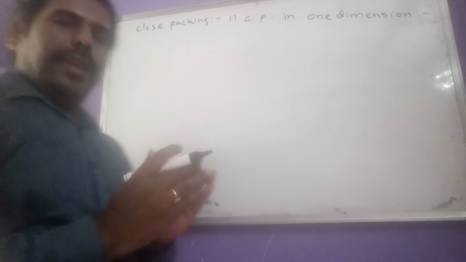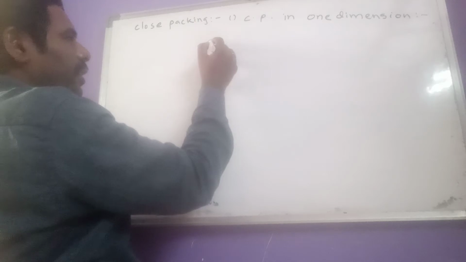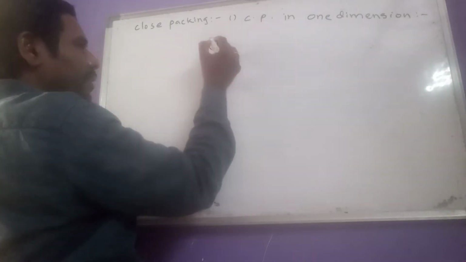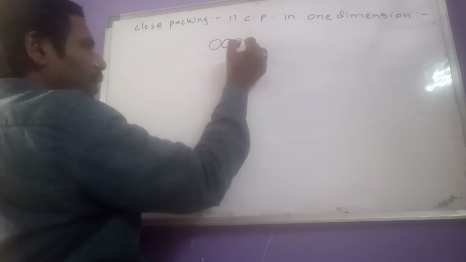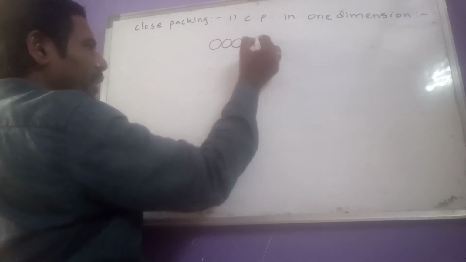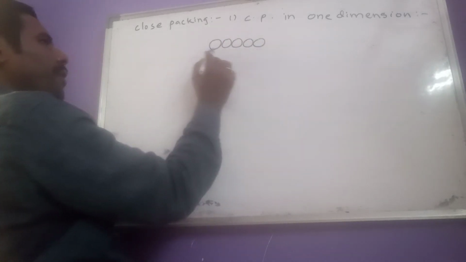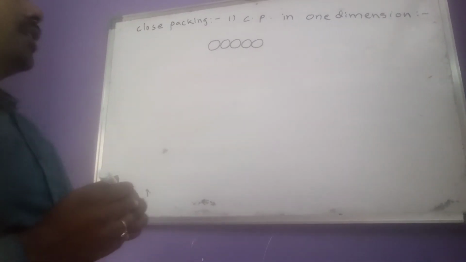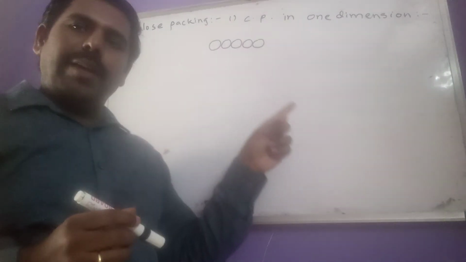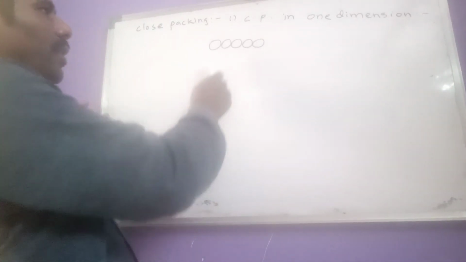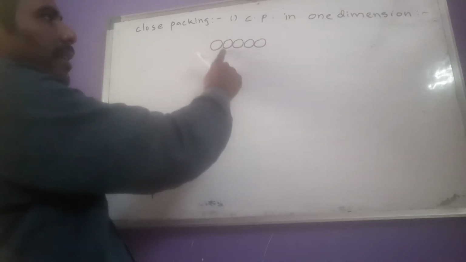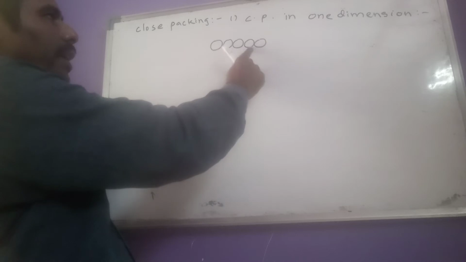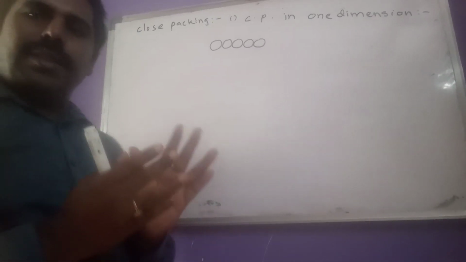If you consider any one atom, let it be a sphere. Now the spheres are packed very close to each other. This type of arrangement is called close packing in one dimension. Each sphere is surrounded by 2 nearest neighbors.